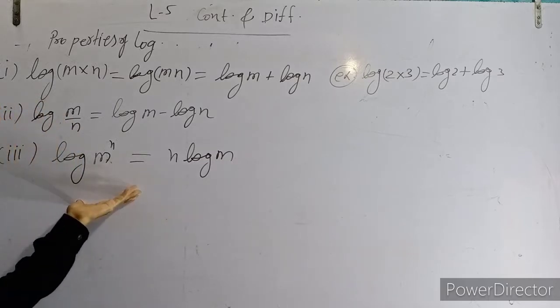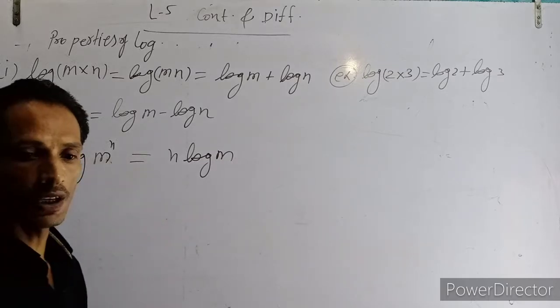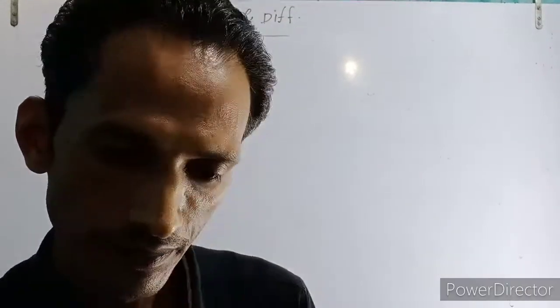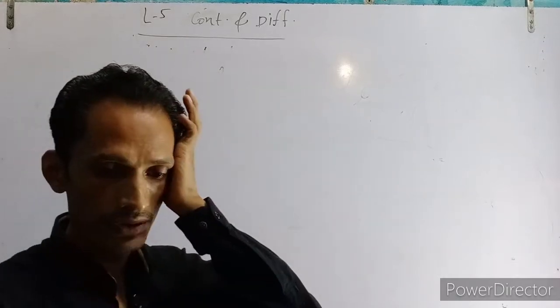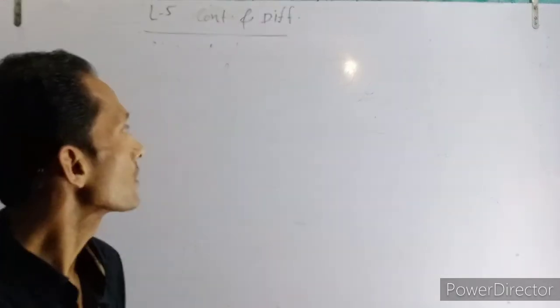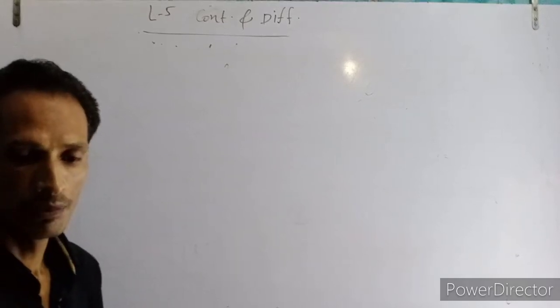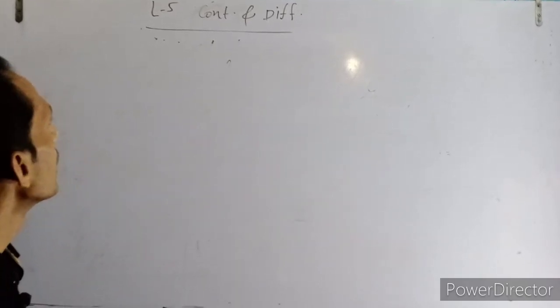After that we will come to chapter 5.6, the form of differentiation. There are two functions, x and y, with a common variable t.